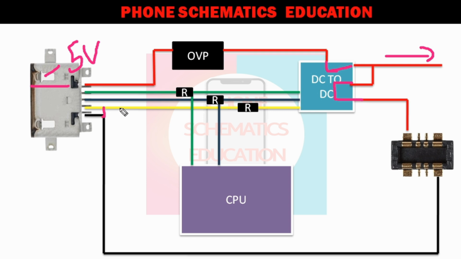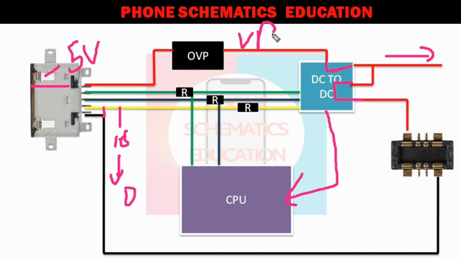When these lines are shorted, your 1.8 goes to 0. Your host mode activates, the IC senses it and gives a signal to the CPU. After this the IC works in reverse, and your battery voltage is converted to the V bus line.